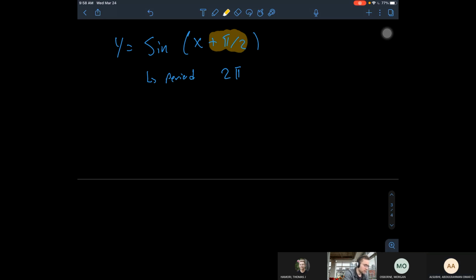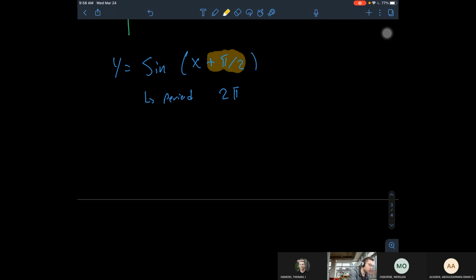I want to consider this as a transformation of functions. If I do f of x plus a, that will make this function move left or right, and this one means left. So this one says just pick the whole thing up and move it left, a little bit.